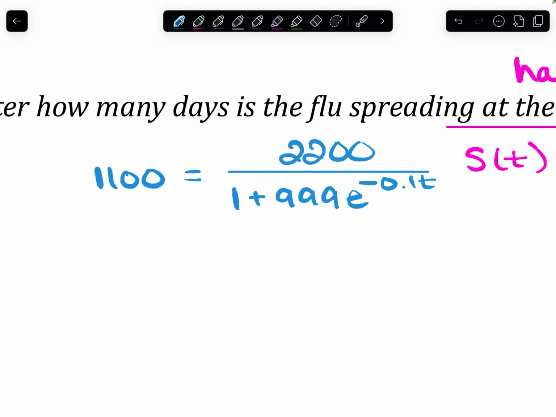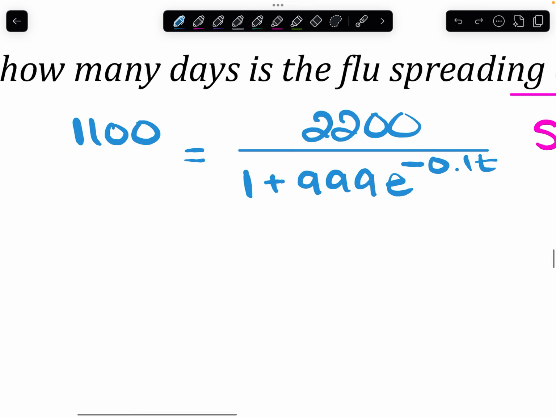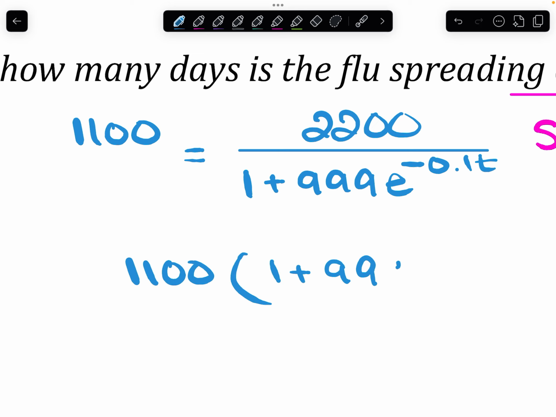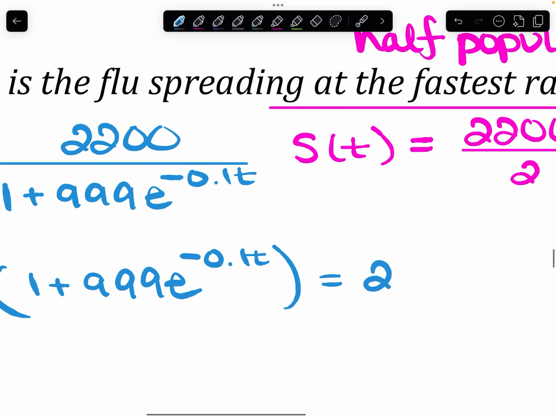You can cross multiply, whatever you'd like to do, which essentially means we're just going to multiply on both sides. So we are putting this 1,100 over 1, cross multiplying, and we are getting 1,100 times that denominator because it's coming to this other side. So we're clearing our denominator. And then we still have the 2,200 on the other side. So now it's no more fraction.